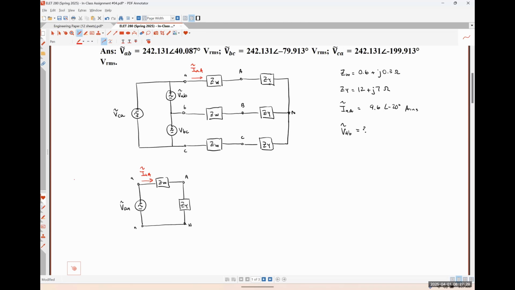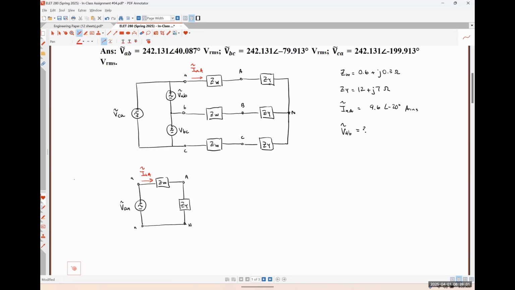So if we solve for lowercase VAN, we can then do what to that lowercase VAN to get VAB? Multiply by root 3 angle negative 30. Positive 30 degrees, but you're absolutely right. Since we have that conversion factor that allows us to go back and forth between a Y connected source and a delta connected source, if we solve for the Y connected source voltages, we can just transform that back into the delta that we're actually interested in.